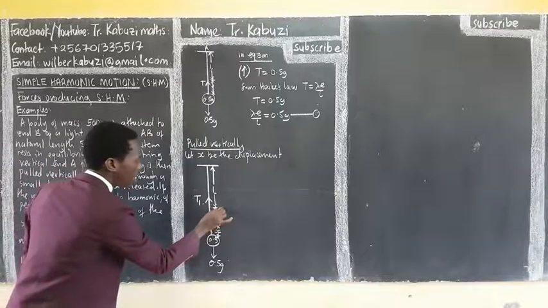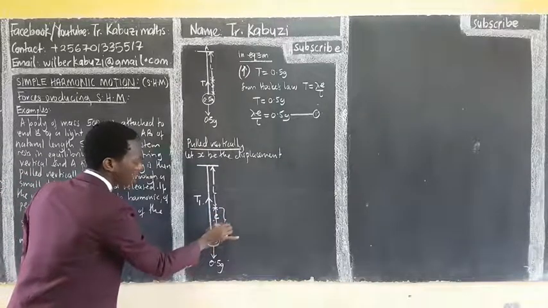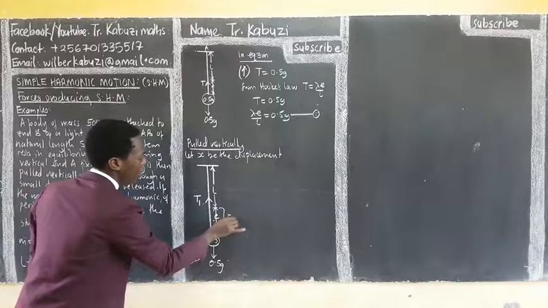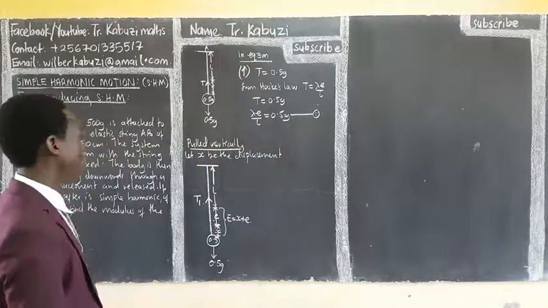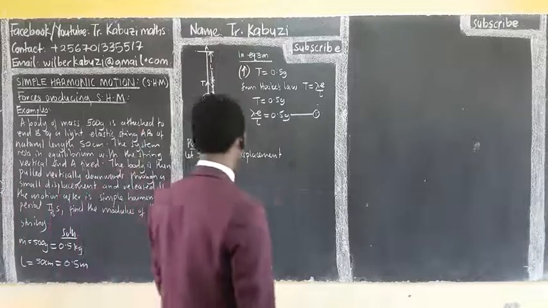It implies that from here up to here, the extension is now x plus e. That's the new thing I'm having.